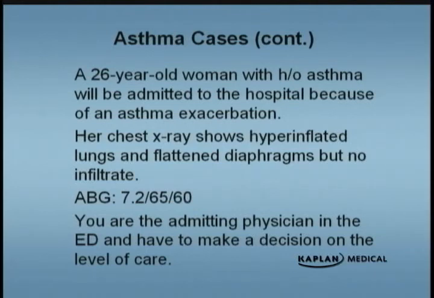You're the admitting physician in the emergency department and have to make a decision on the level of care. What do we do about deciding where this patient is going to go? Right away, the ABG tells you this patient has hypercapnia, right? What do we do in this patient? We admit her to the ICU because this patient may get intubated in the short future.